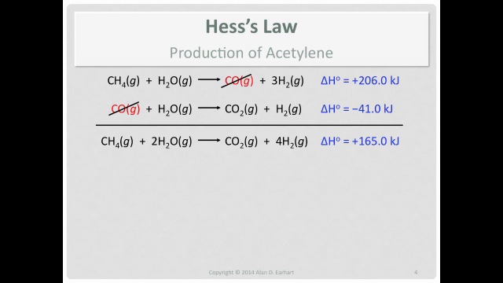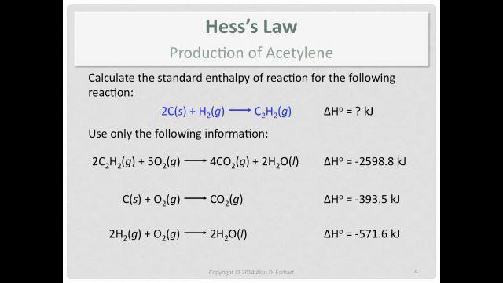And then, in order to get the standard enthalpy of reaction for the bottom, we added up the top two. So we have to find a way to add those bottom three up, such that the chemical equations will add up to the desired equation. And when that happens, we'll be able to add the modified standard enthalpies of reaction to get the desired one.